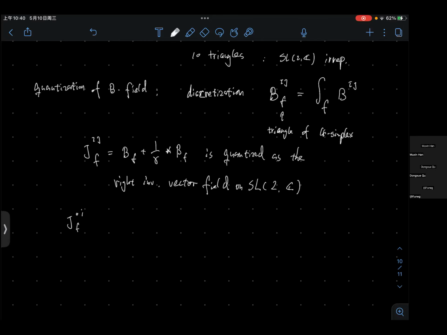So the 0i components, I will call K_i of f, and they are the boost generators. And J_i of f equals one half epsilon_ijk J_jk of f, which is the rotation generator.